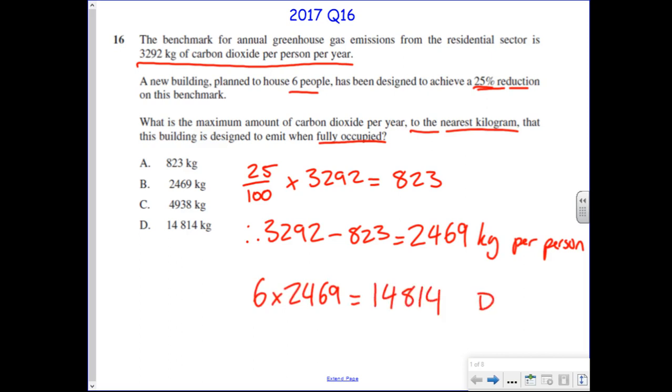So the answer is D. So that's the first question. There's quite a lot in there, but basically what we're saying is we had this much, but in this house they're doing 25% better. So find what that 25% better is, which is 2,469, and there were 6 people, so we just have to times by 6.